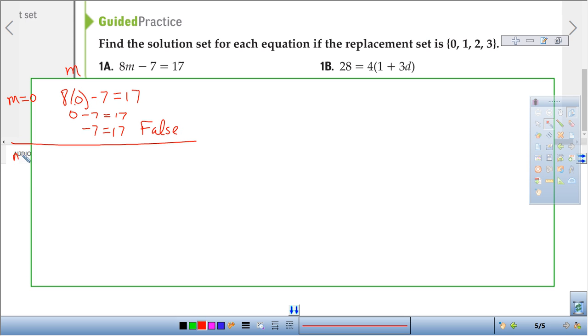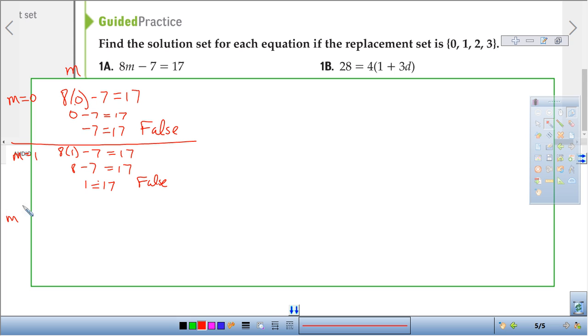Now let's try it when M is equal to 1. 8 times 1 minus 7, is that equal to 17? That's 8 minus 7. No, not even close. 1, is that equal to 17? That's false.